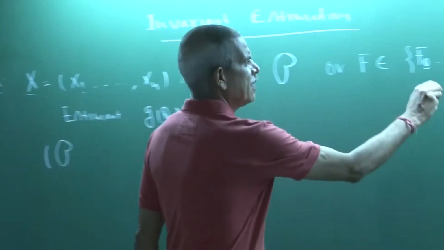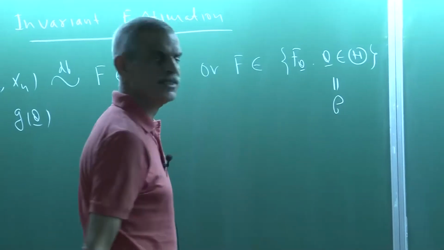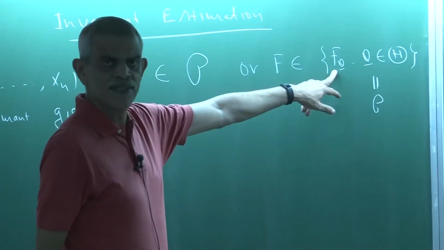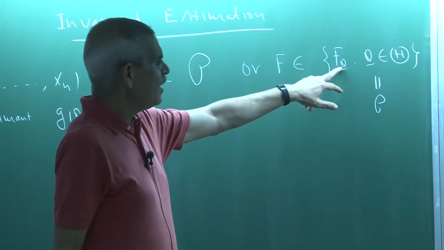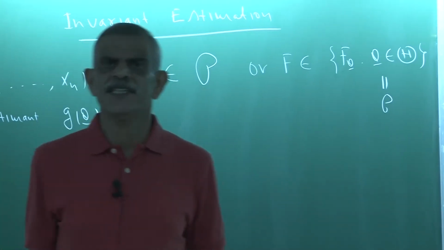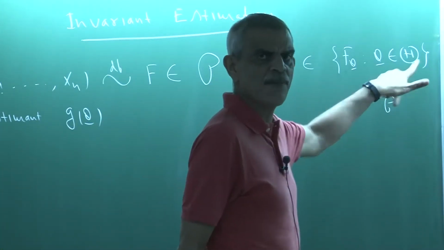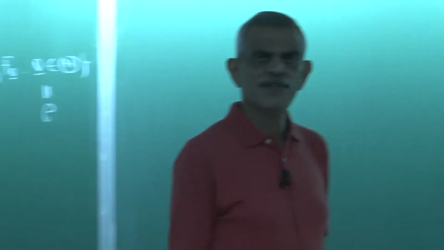P is basically the class of distributions under consideration. In the parametric setup, this P is characterized by the unknown parameter theta which belongs to capital theta. This capital theta tells me what the distributions under consideration are, because the functional form f theta is known, so the only unknown quantity is theta.